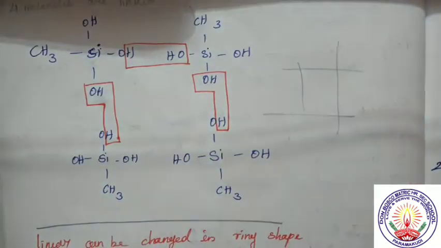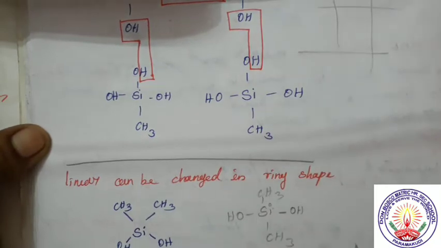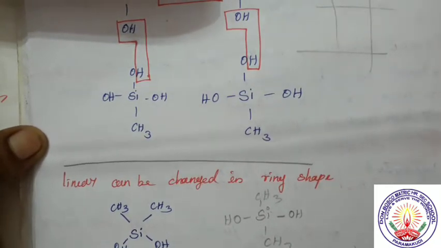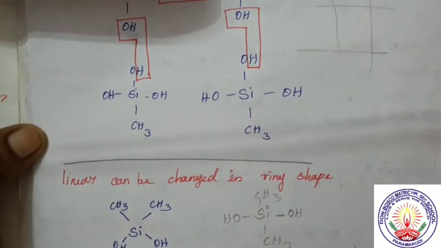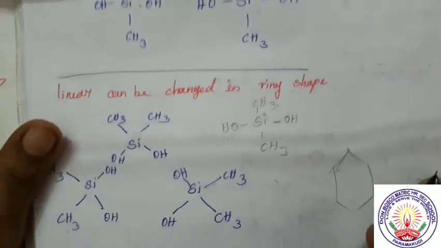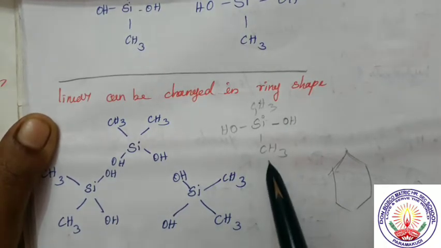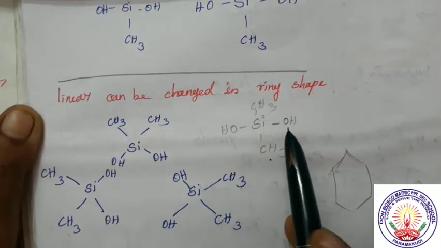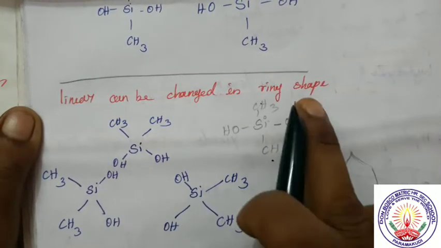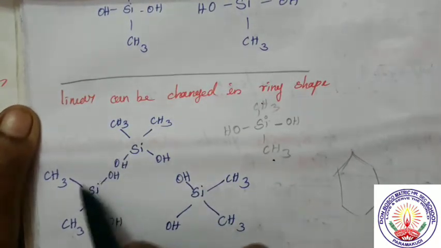Okay. Next, this linear can be changed into ring shape. In the first example we saw the linear molecule, that is silicon with R2 OH, and these three of this unit, 1, 2, 3.